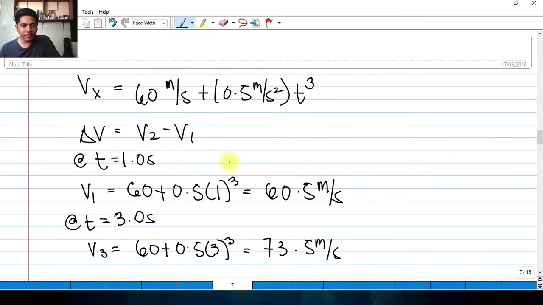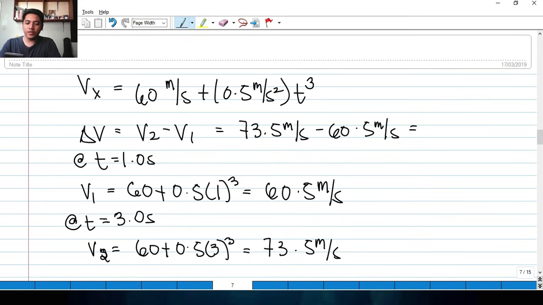Okay. The change in v is actually v2 minus v1, of which this is our v2, my mistake. This is v2 minus v1, the final velocity minus the initial. So v2, 73.5 meters per second, minus 60.5 meters per second. That is 13 meters per second. This is the change in velocity from time equals 1 second to 3 seconds.